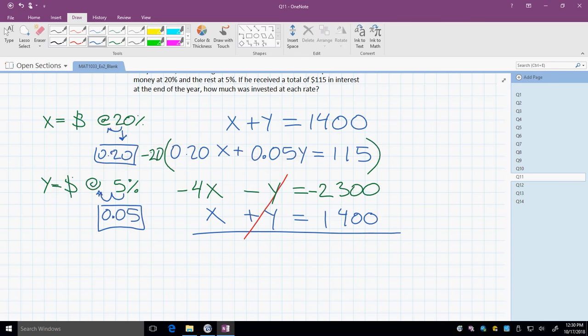And now I'm going to combine my x's. Negative 4 plus 1 is going to give me negative 3. x equals 2,300 minus 1,400. Yeah, it's going to be negative. I divide 900 by 3?